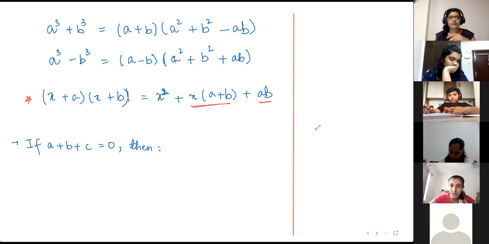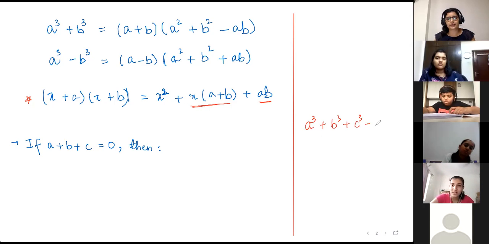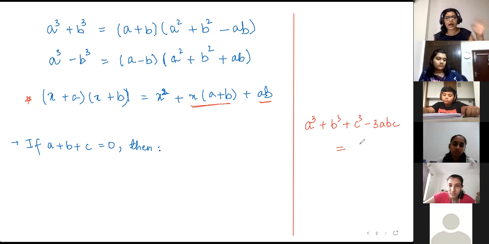Right? मतलब LHS में क्या है? LHS is a cube plus b cube plus c cube minus 3abc. This particular expression will basically become equal to RHS. a plus b plus c is 0, so 0 into anything is 0. So this whole thing will be equal to 0.